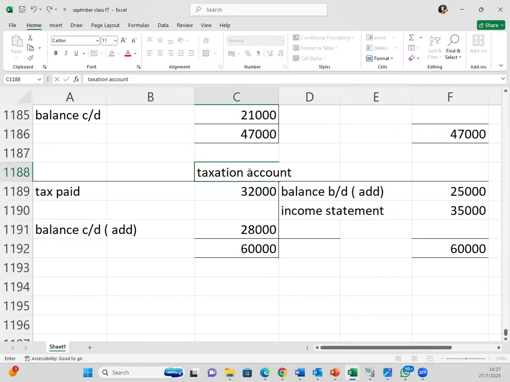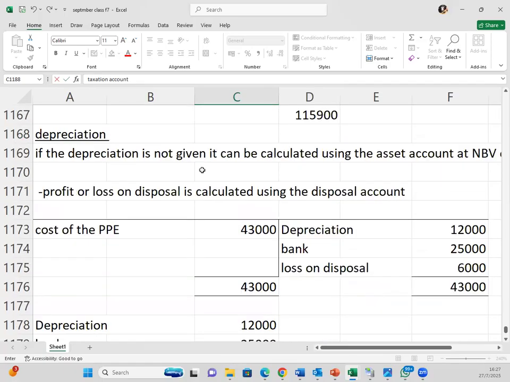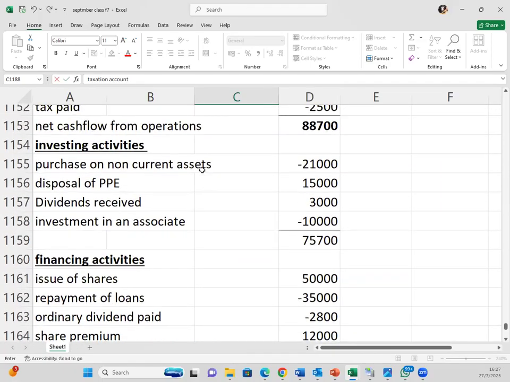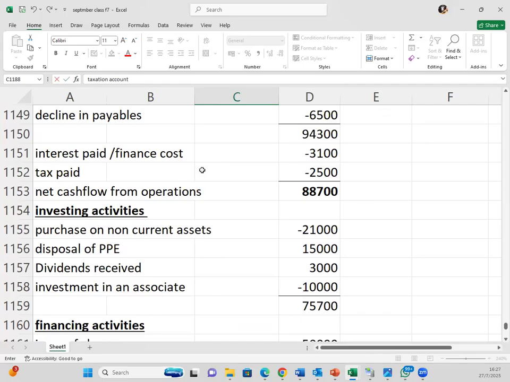Then let's go down with it. After the tax paid, we go to the investing activities. For the purchase of non-current assets, it is a matter of knowing how much we bought the assets for. We just need the price we paid to acquire the non-current asset.